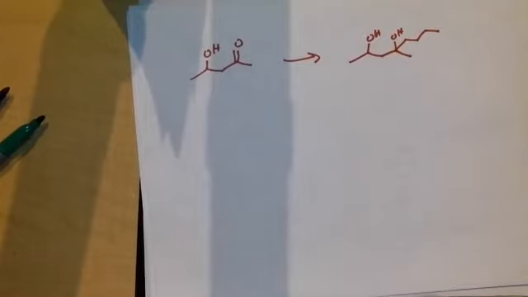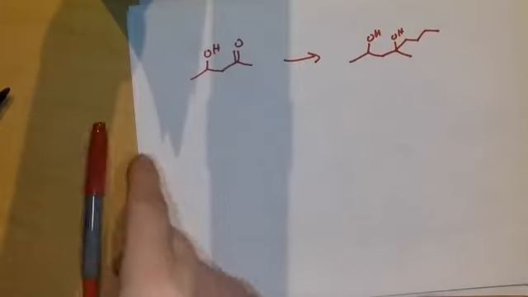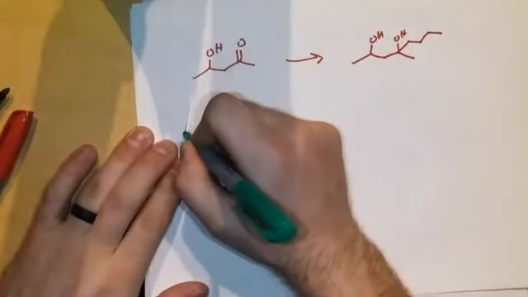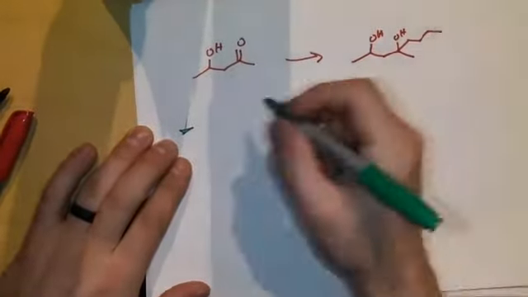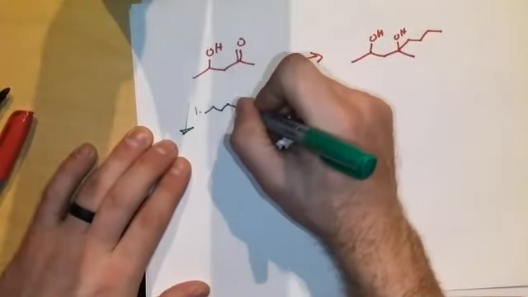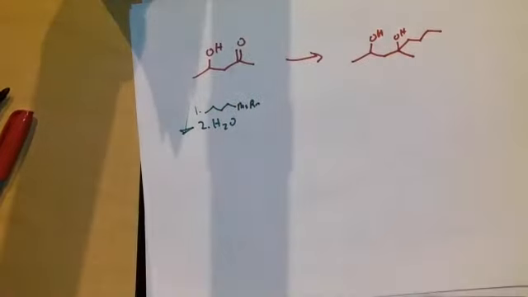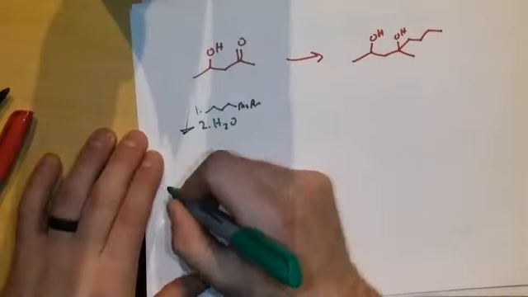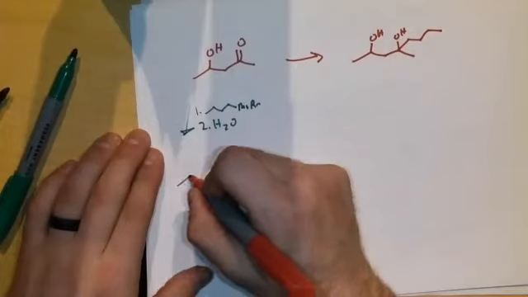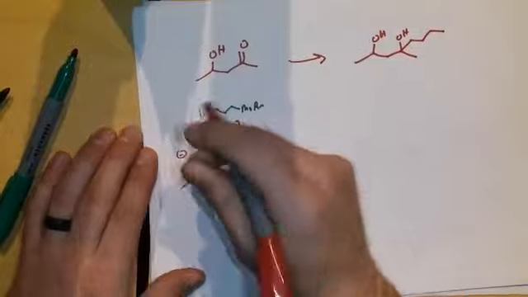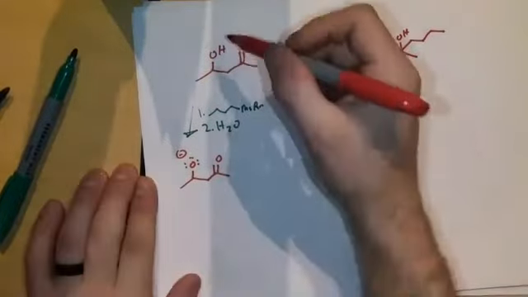It looks like it could be done in one step. The problem is that if I threw a Grignard in with this, so we need to add 4 carbons, Grignards really like deprotonating alcohols. This is going to give us this here. It's just going to pull off this OH.